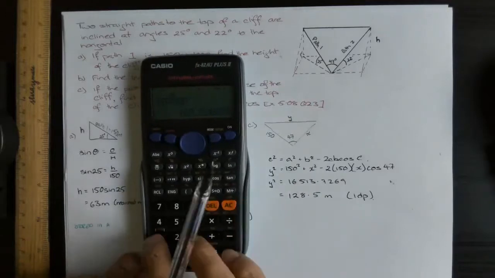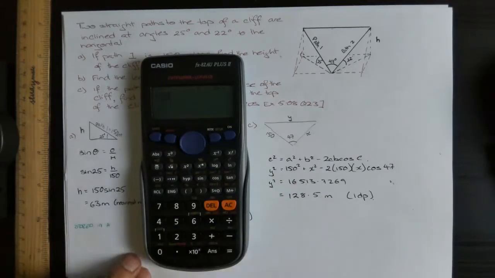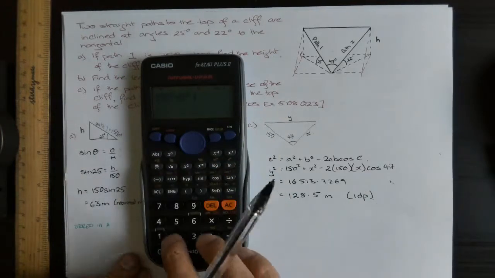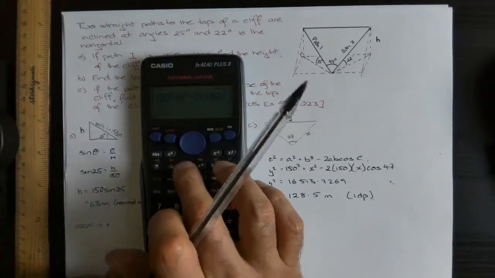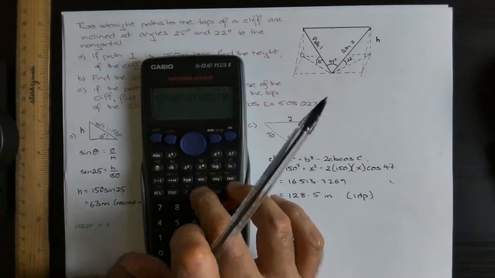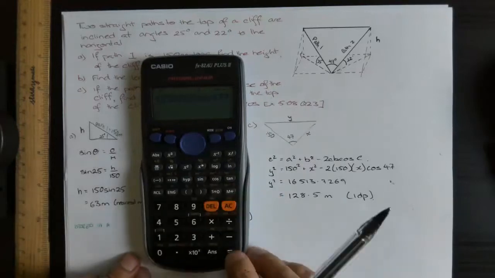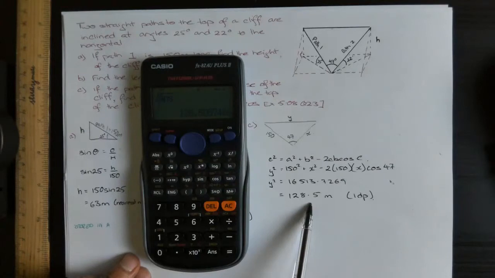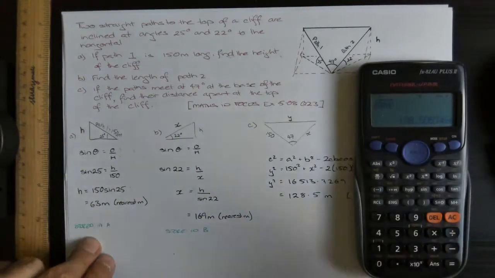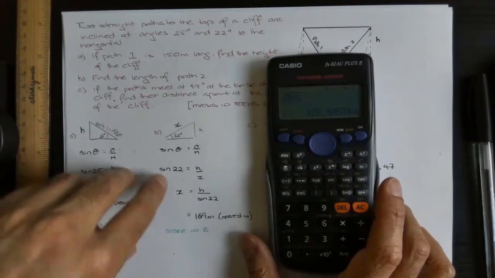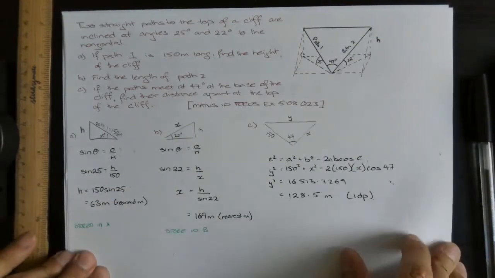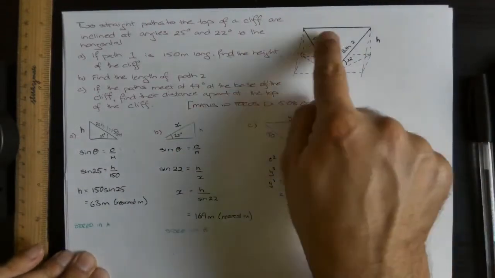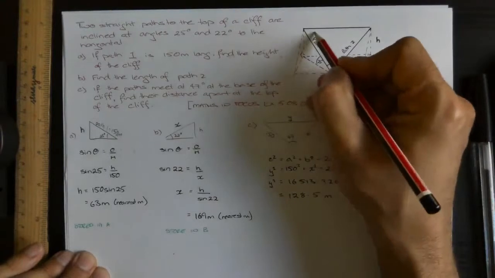Over here, I stored that number in B, so 150 squared plus alpha B squared minus 2 lots of 150 lots of B cos 47. Get that number, square root it, and I get my same answer. So it is good to be able to store things into your calculator to recall later on. Okay, so that's the first example, using two right angle triangles, here and here, and then using the cosine rule to find this triangle here.